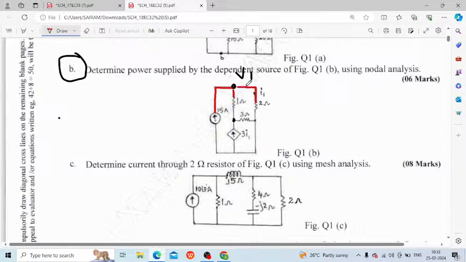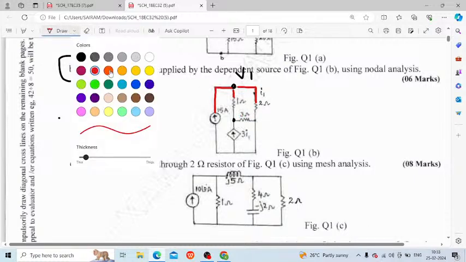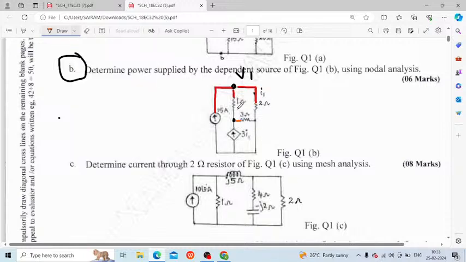So this end of the 2 ohm is getting connected to one point, which I can call my node v1. This one becomes node v2. How? Here, one end of the 3 ohm, one end of the 1 ohm, and the positive of this dependent source, 3i1, are connected to one single point, which I can call node v2.